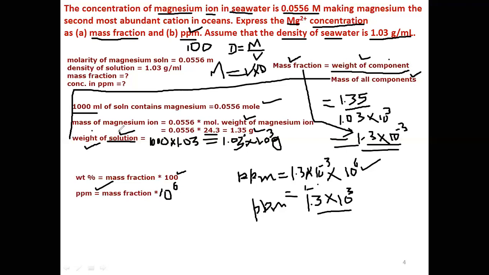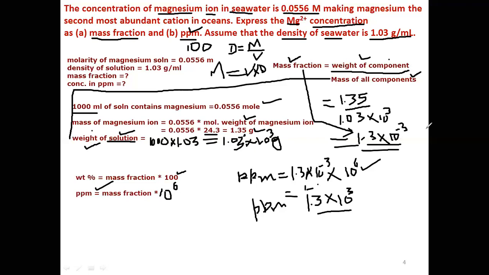Because this solution has been made from magnesium, 1.35 gram magnesium plus remaining water. So mass of all components is 1.03 into 10 to the power 3 gram. So we can calculate mass fraction.